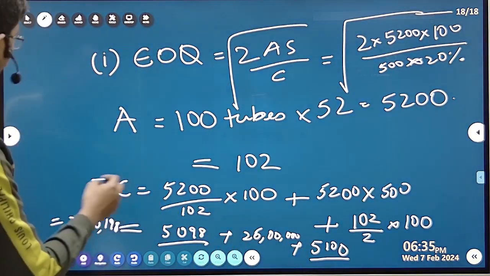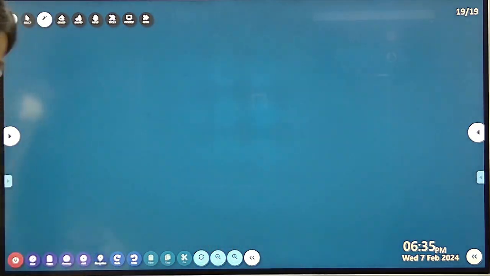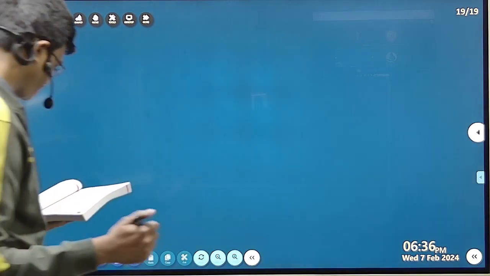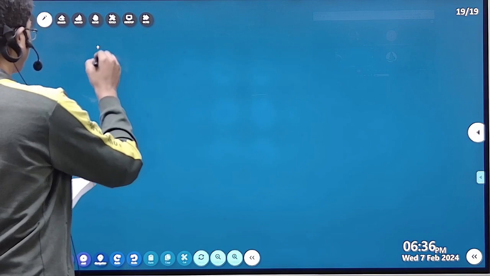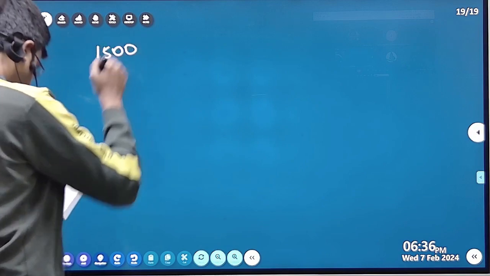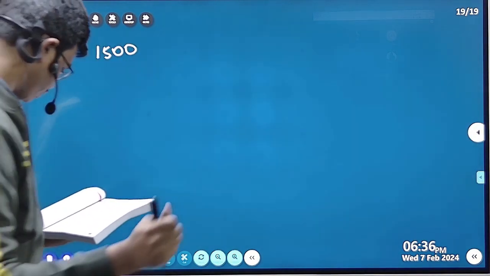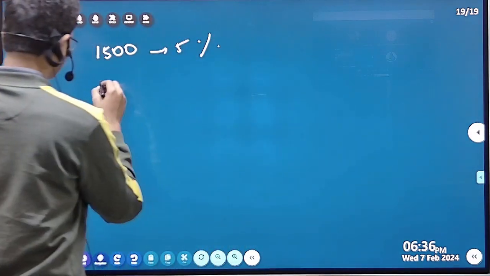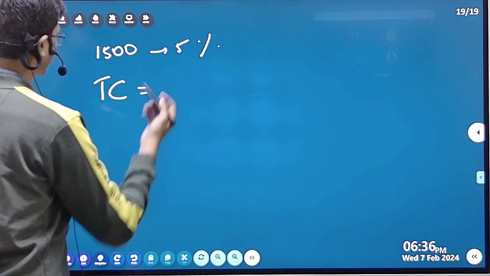Now there's a proposal from our supplier. He says if we order 1500 units per order, you will get a discount of 5%. So on these terms let us calculate the total cost.